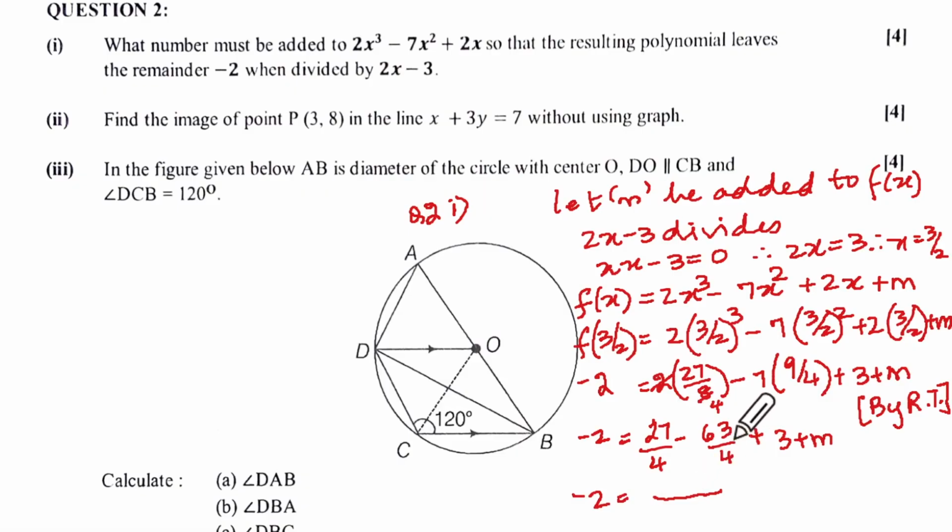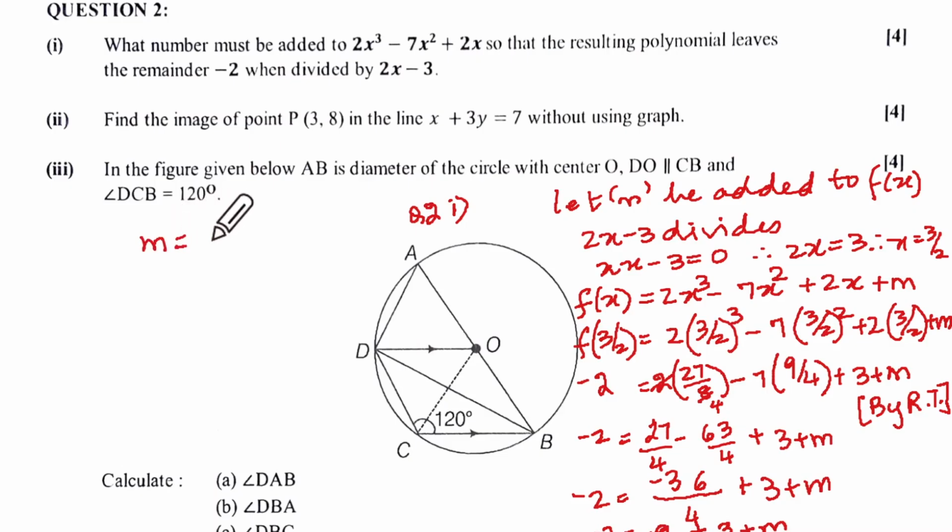Minus 36, minus 36 upon 4, minus 9 plus 3 plus m. This should be minus 9. Minus 2 equal to minus 9. It's plus 3. This is plus 3. Plus 3 plus m.